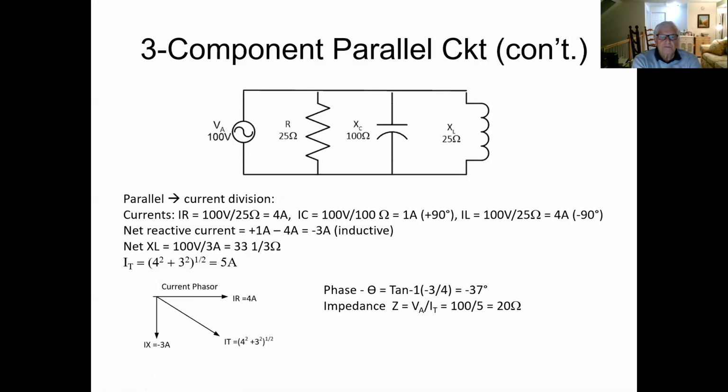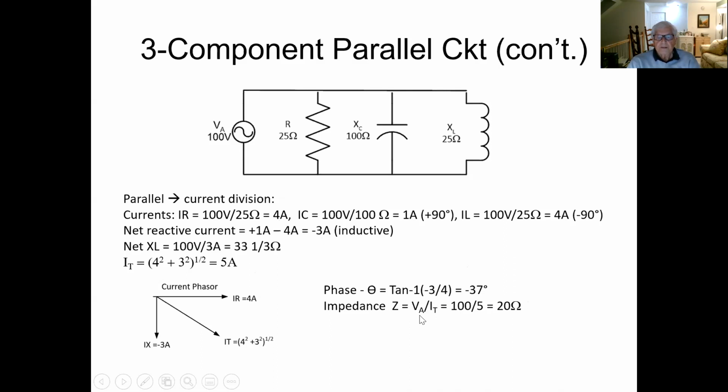Okay, and therefore our total current is going to be the square root of the resistive current squared plus the reactive current squared, 3 amps squared plus 4 amps squared, to give us a 5 amp total again, with a phase angle of arctangent of minus 3, the reactive divided by resistive.